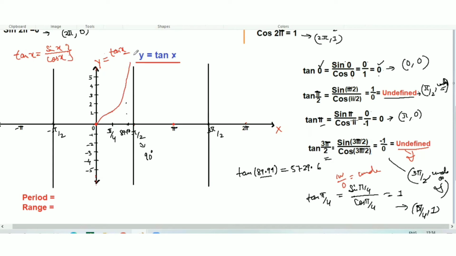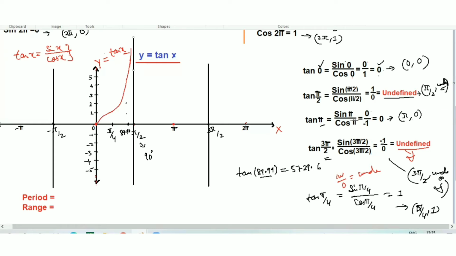So what does that mean? This asymptote line, the curve will approach the asymptote line, but it will never touch it. So we won't get any smooth curve here. It will go till infinity, but it will never touch this asymptote line.